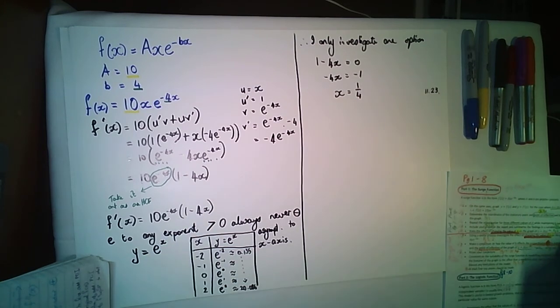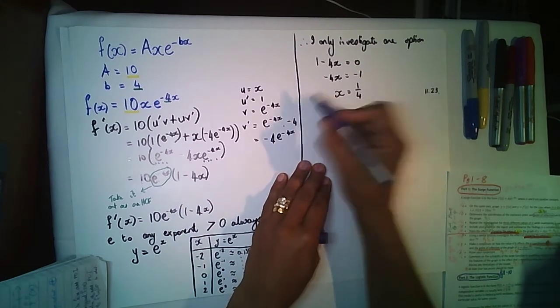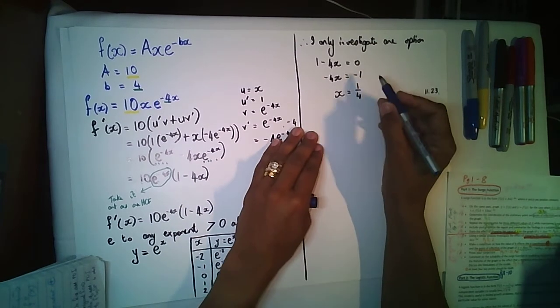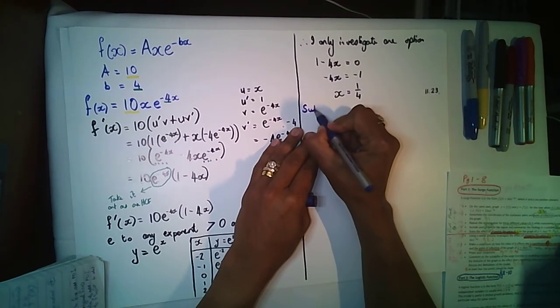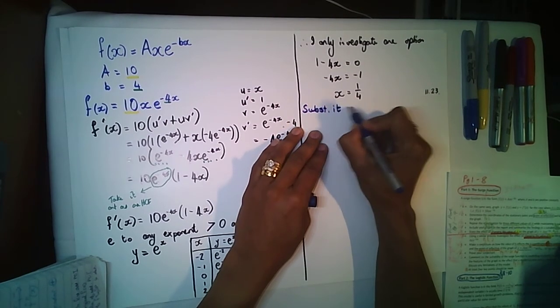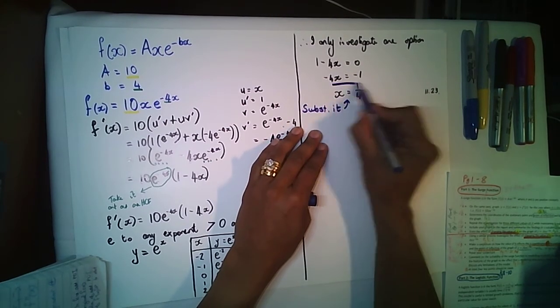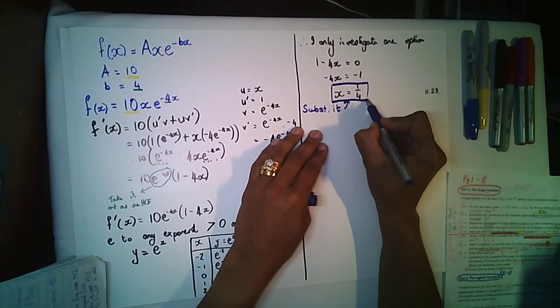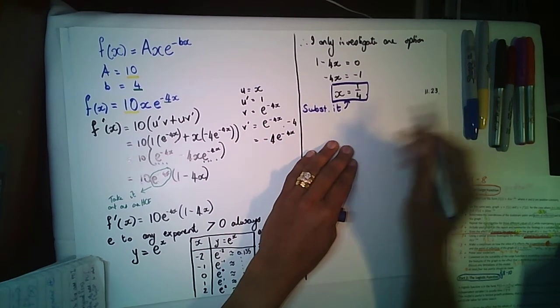What we need to do now is take this x value, which is a quarter, and substitute it. And by it, we mean this one. Just going to box it in here in purple.